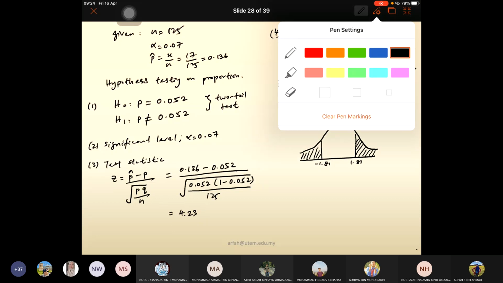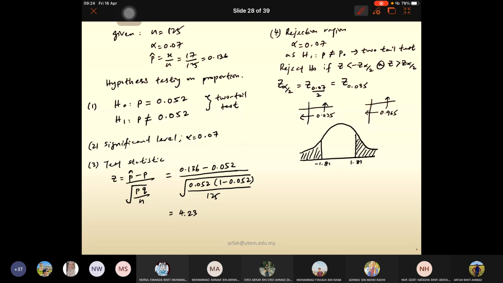Test statistik 4.23. Dia jatuh dekat mana? Reject. Reject. Okay. So dekat sini, 4.23 mestilah lebih besar daripada that one.